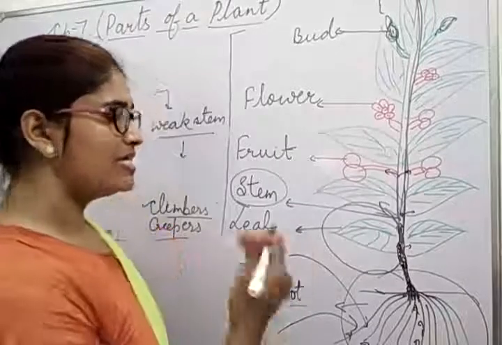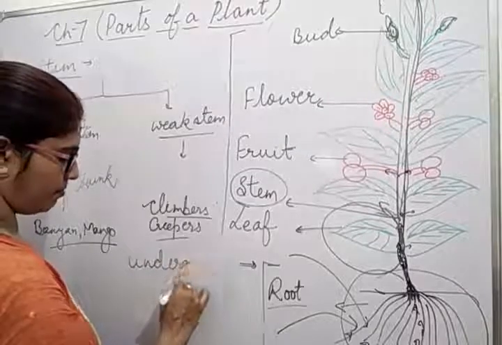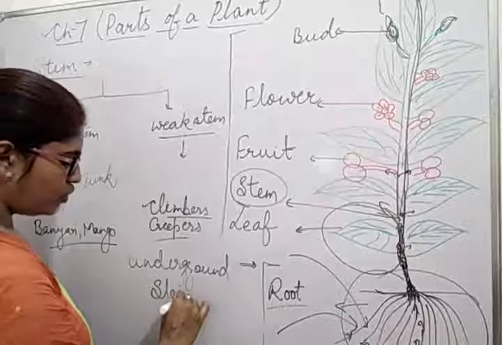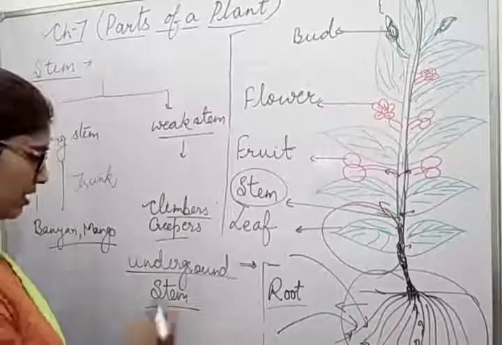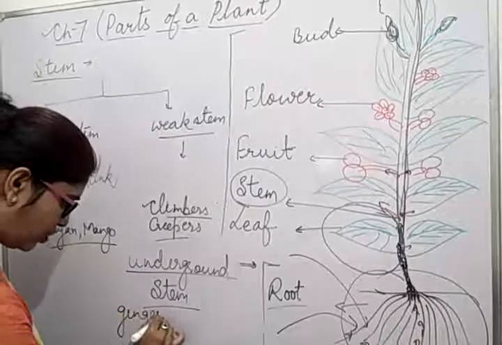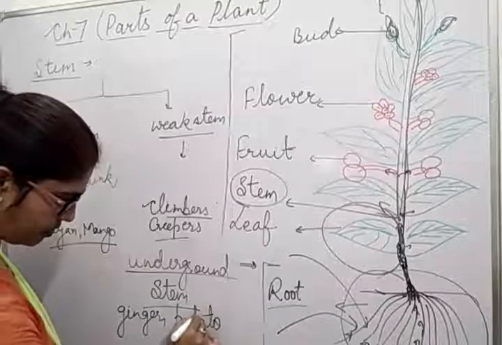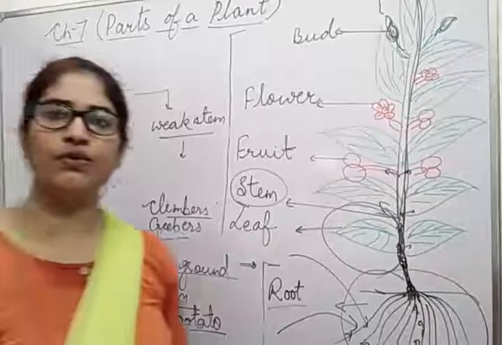Secondly, if we talk about underground stems, कुछ ऐसे अंडरग्राउंड स्टेम भी होते हैं जिनको हम खाने के लिए इस्तेमाल करते हैं. Examples of these underground stems are ginger and potato. These are underground stems which we use to eat.